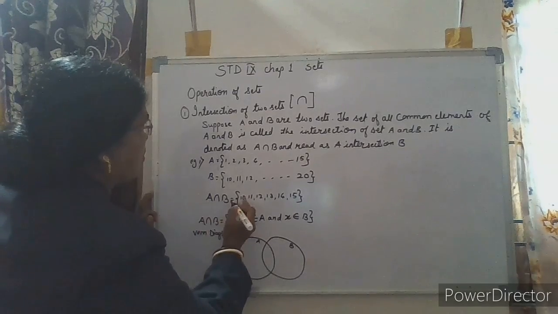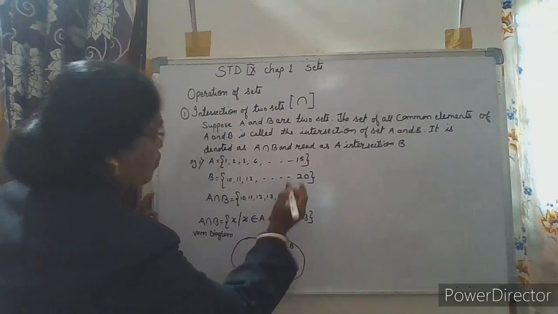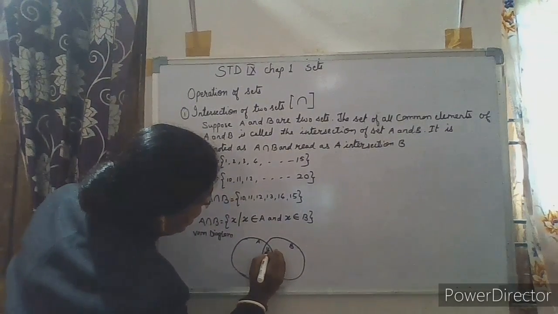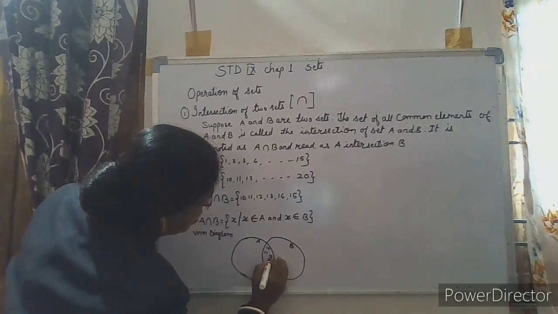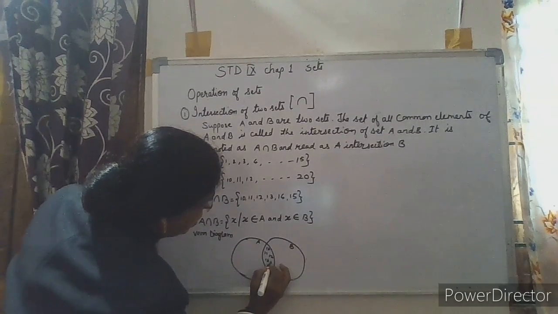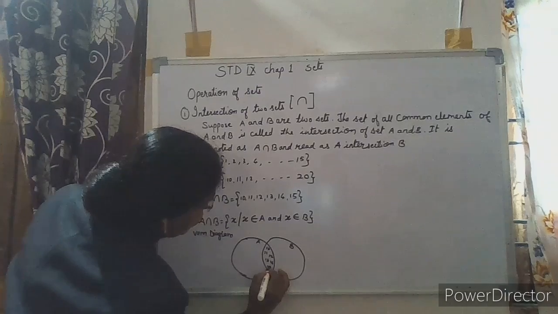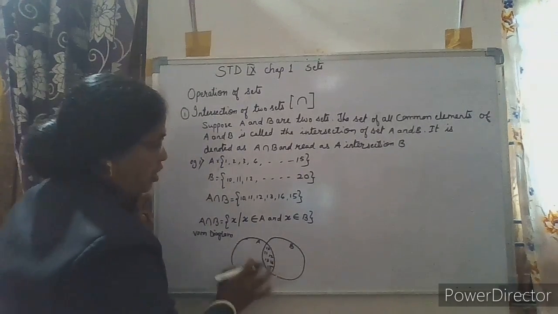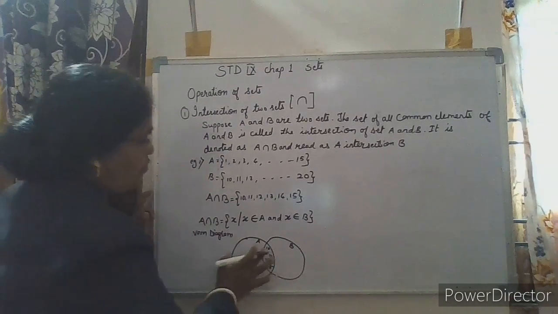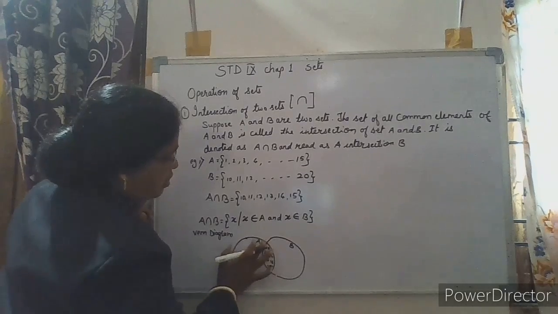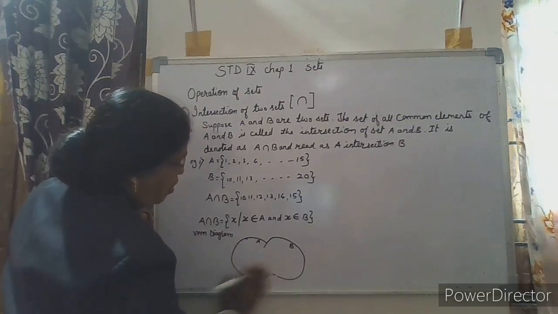That is A intersection B, 10, 11, 12, 13, 14, 15. These common elements will come under this intersection part.